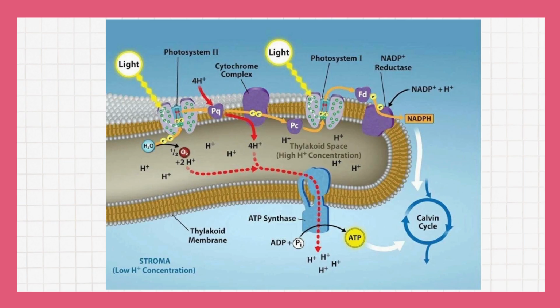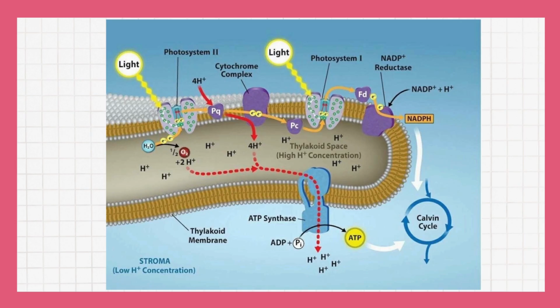Once the NADPH is created, ATP, on the other hand, is simultaneously being created with the help of what we call the proton gradient. The proton gradient is when the excess hydrogen inside of the thylakoid space moves outside through the ATP synthase. The ATP synthase has an ADP molecule waiting on the outside of the ATP synthase.